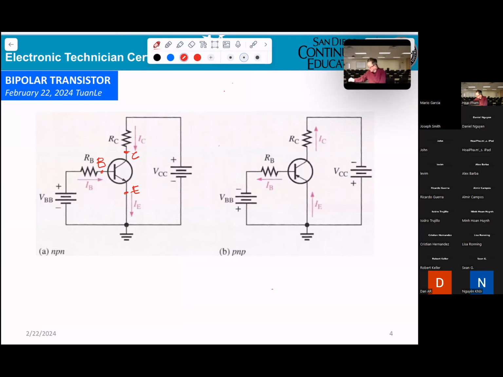So you can see how the current flows. You get the first power supply, VBB, and the second power supply, VCC. You can see the difference: for PNP this is negative, for NPN this is positive. And VCC is positive here; however, for PNP, opposite.